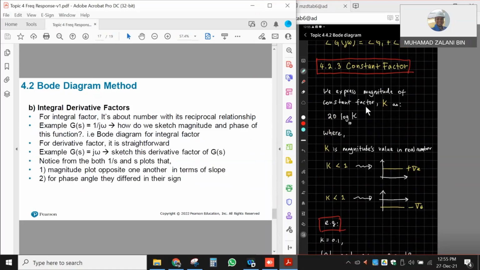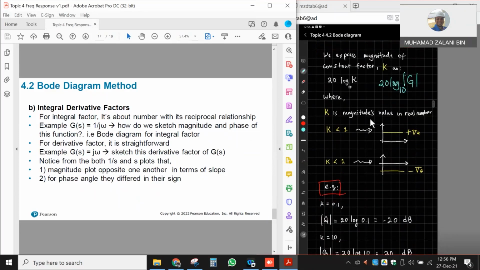We express the magnitude of the constant factor k as 20 log 10 k, because G of S is k. From the formula 20 log 10 G, this is the magnitude. If G equals k as a constant factor, then k is the magnitude's value in real number.